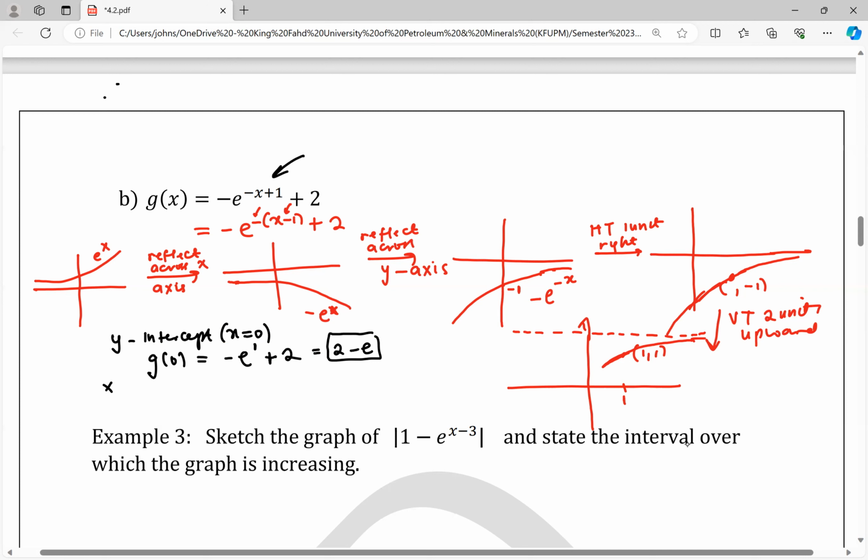So the x-intercept. Now you need your y to be 0, right? So you will have 0 equals minus e to the power of minus x plus 1, also plus 2. And just like we did before, here it's going to be minus 2 is minus e to the power of minus x plus 1, and then the minus will go with the minus.